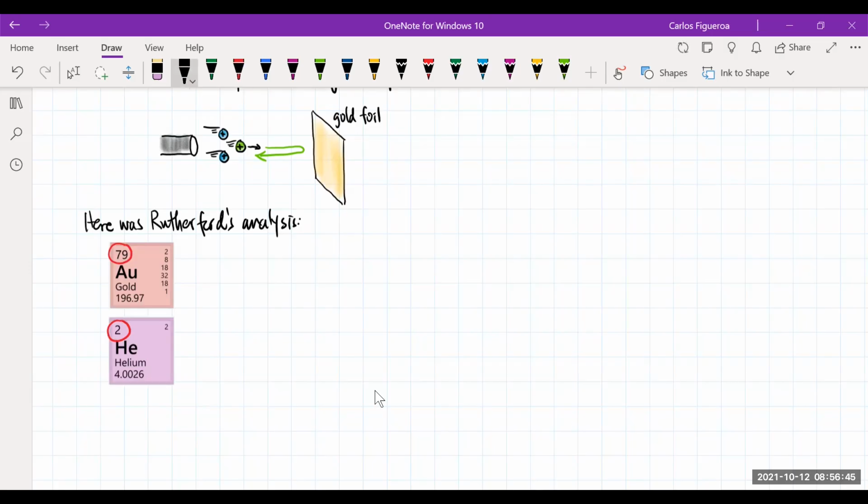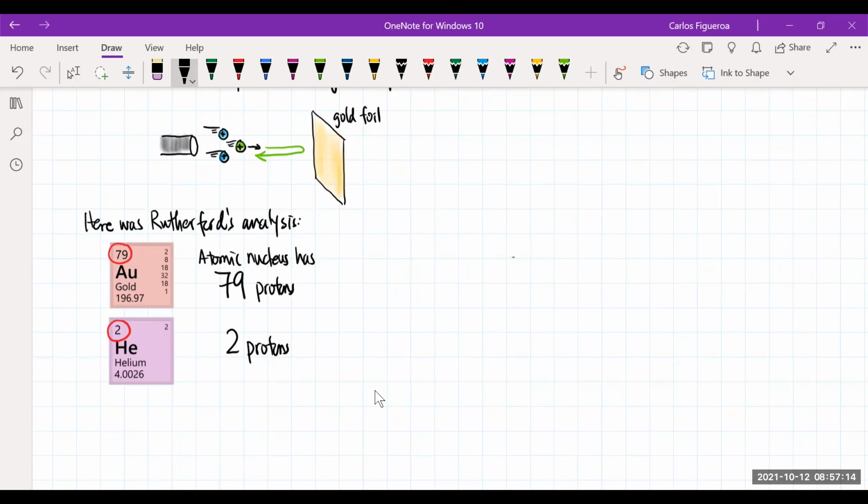So the atomic nucleus has 79 protons, whereas in this case, it has 2 protons. So what his picture was is this.